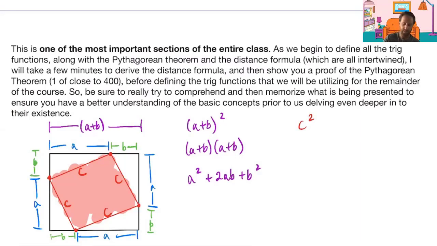But there's also some other area in there that I need to find. And each one of those, as you guys can all see, no pun intended, are right triangles. And every single one of those are all the same. And so we also have these additional 4 triangles, and hopefully you remember how to find the area of a triangle. It is 1/2 the base times the height.